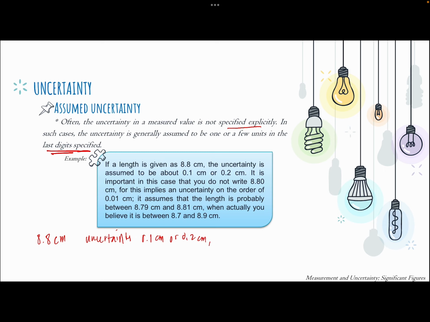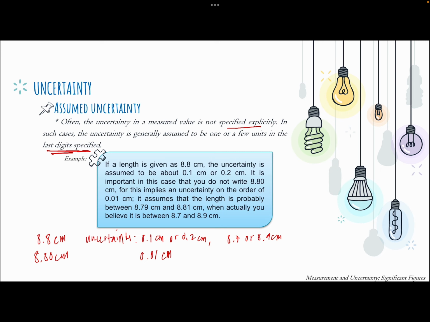Meaning to say, nasa 8.7 or 8.9 cm yung measurement mo. Pero kapag ang pagkakasulat mo daw ay 8.80 cm, ibig sabihin na nito, ang uncertainty ay 0.01 cm.